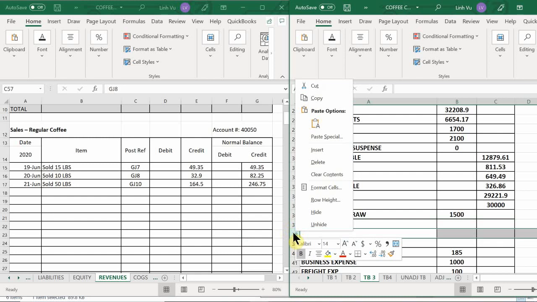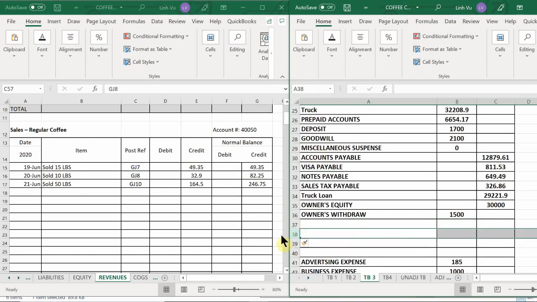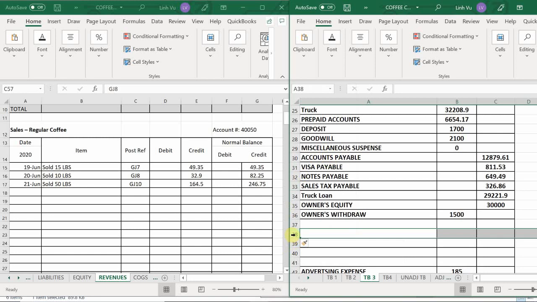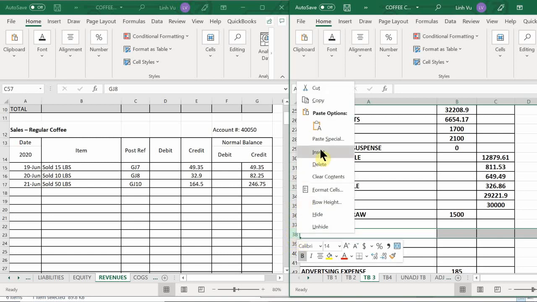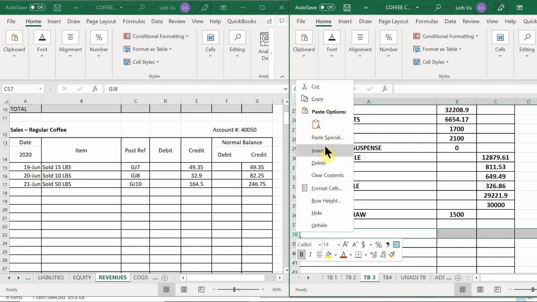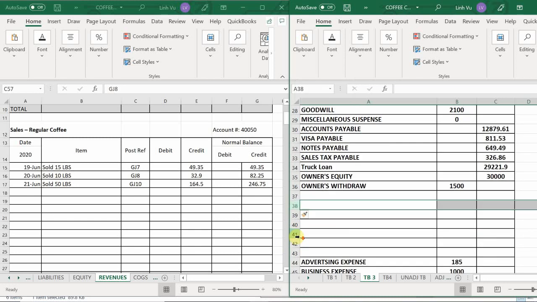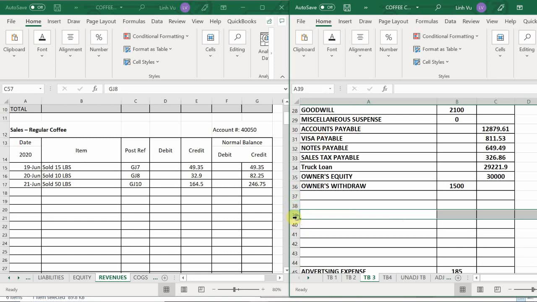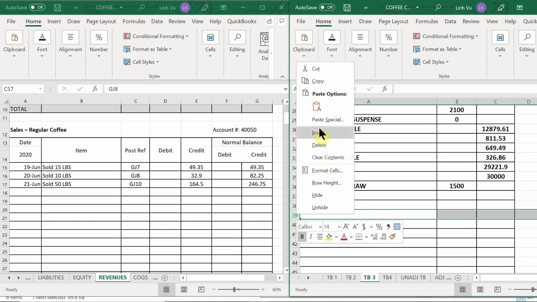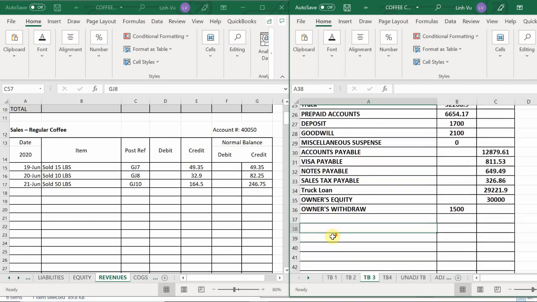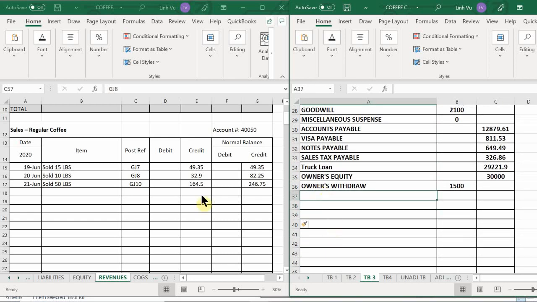We have sales medium regular coffee, sales large regular coffee, sales for Supreme medium coffee, large Supreme. We have sales returns, and we also have sales discount, and we have delivery income. Okay? So let's go ahead and start inserting each and every single one at a time.